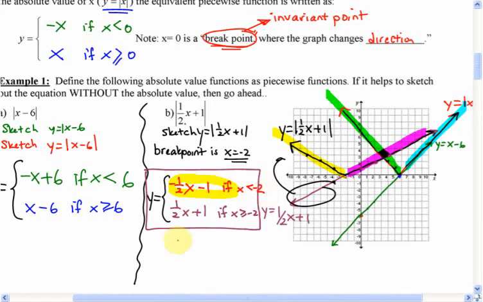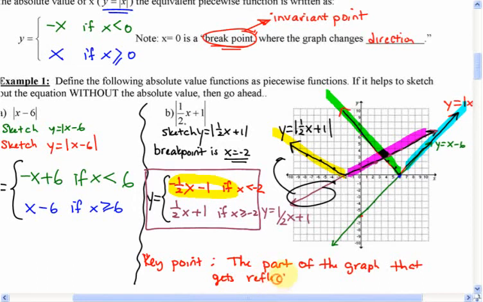Now, can you write a little note down here? I'm going to say key point. The part of the graph that gets reflected has what type of change to the equation?